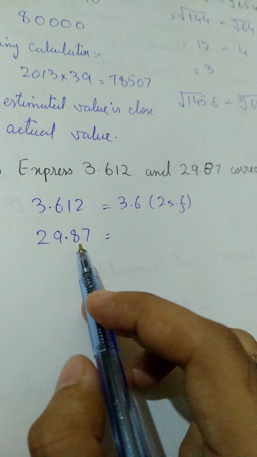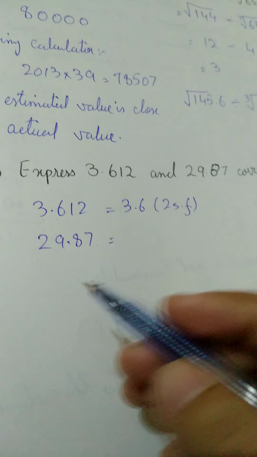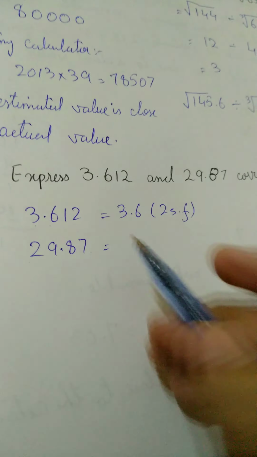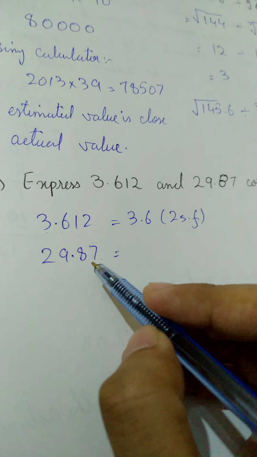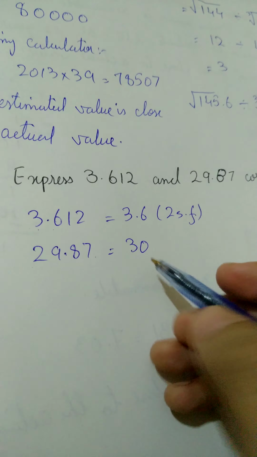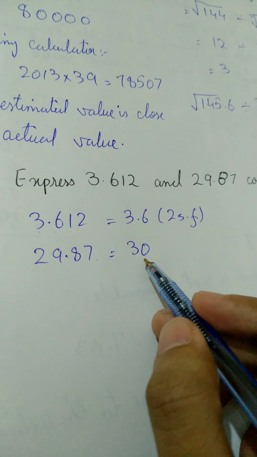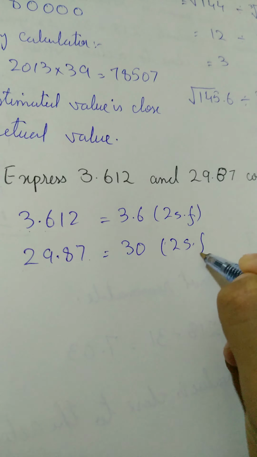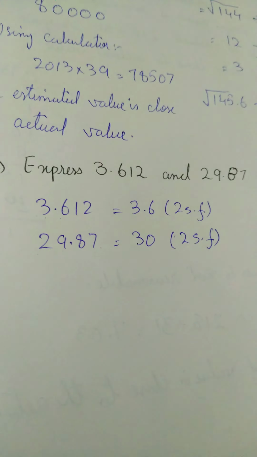So the best thing is to first round off the number and then consider the significant figures. 29.87, if it is rounded off, will become 30. You can see 30 already has two significant figures. So this is my easy answer.